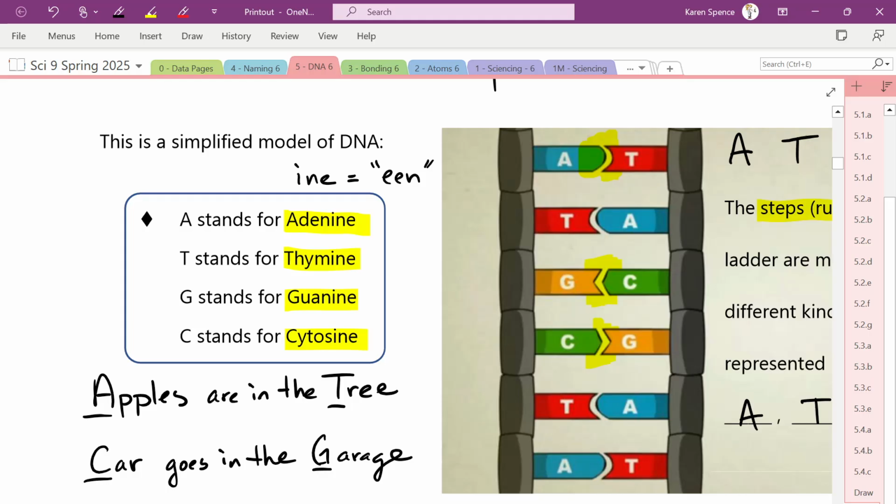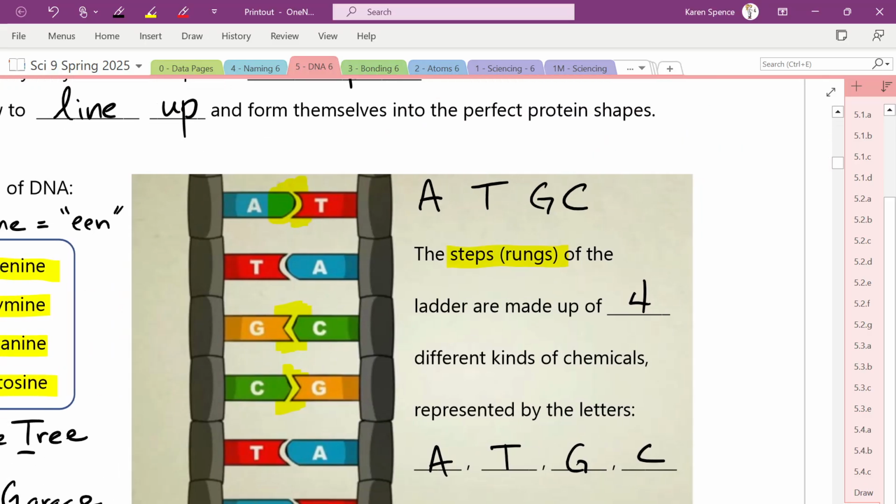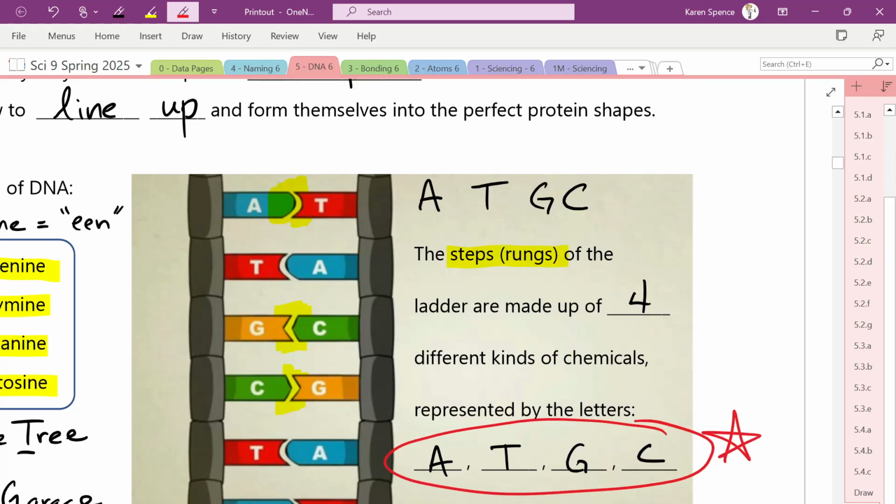Is there any more vocab on this page? A, T, G, C. That gets a star. If you're not starring them, you won't know what the vocab is. So if you're not paying attention, circle it and put a star beside it.